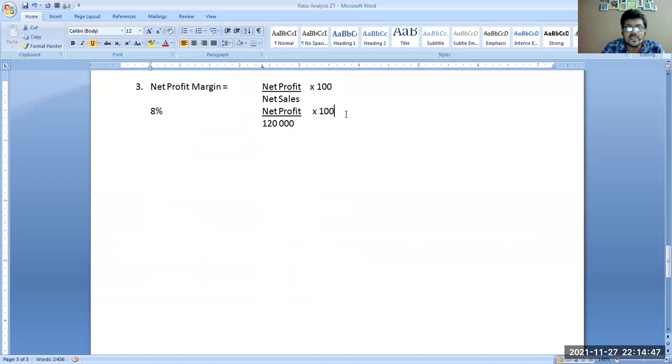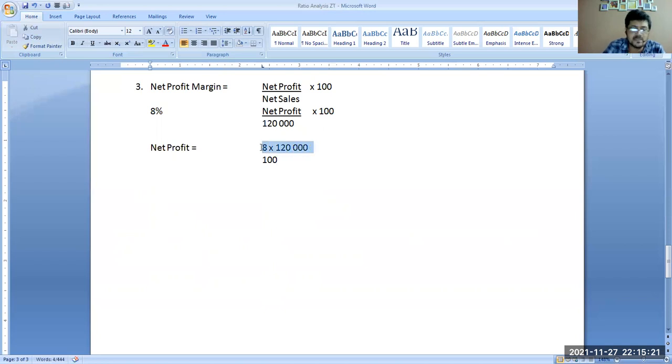So we can calculate net profit in this situation. How would we calculate net profit? Net profit would be equal to 8 multiplied by 120,000 divided by 100, and we'll get the amount of net profit very easily.